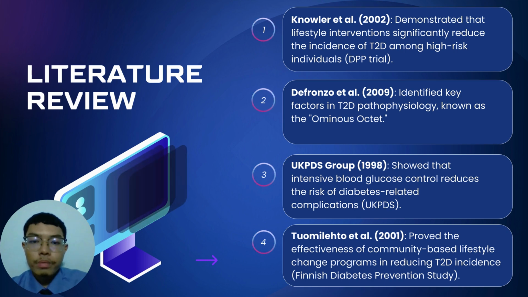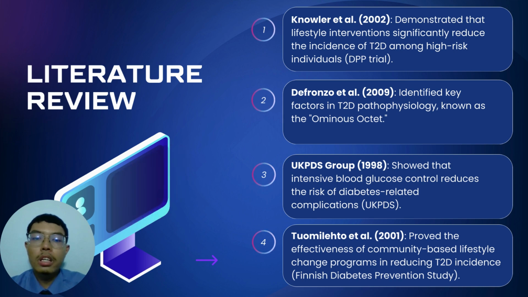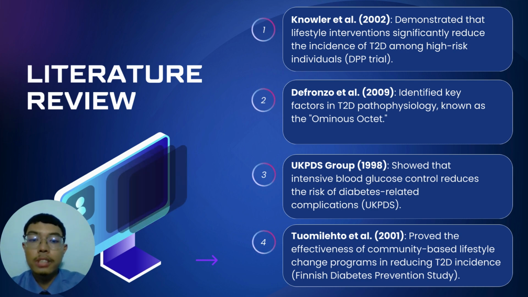For the last point, according to Tuomilehto et al., public health interventions play a critical role in diabetes prevention and management. Community-based programs focusing on lifestyle changes, such as those implemented in the Finnish Diabetes Prevention Study, have been effective in reducing the incidence of T2D.